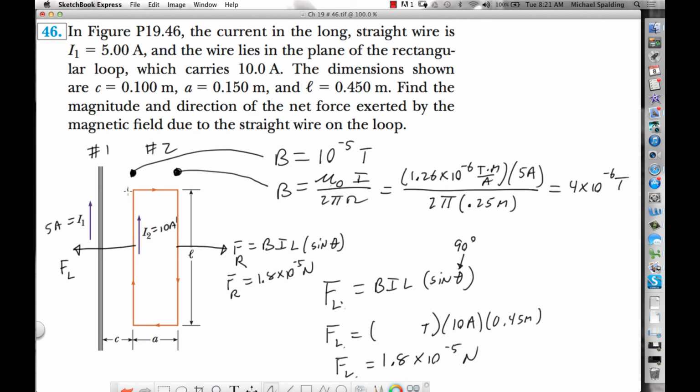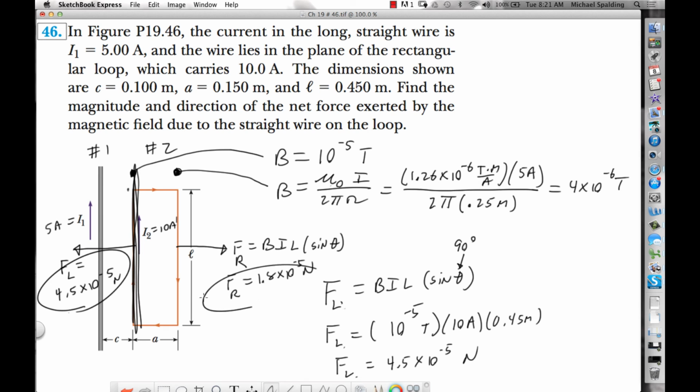The magnetic field over here. What was the magnetic field over there? 10 to the negative 5th. Right? And then everything's the same. So force left comes out as 4.5 times 10 to the negative 5. So we got that right here. This is equal to 4.5 times 10 to the negative 5.